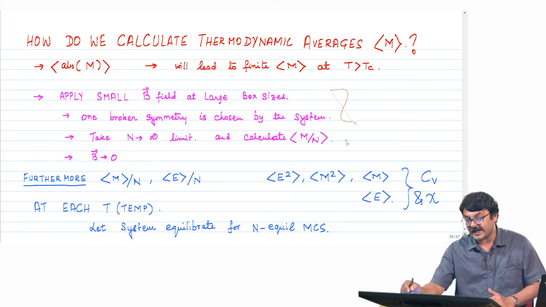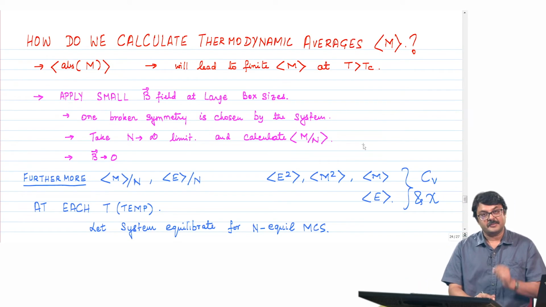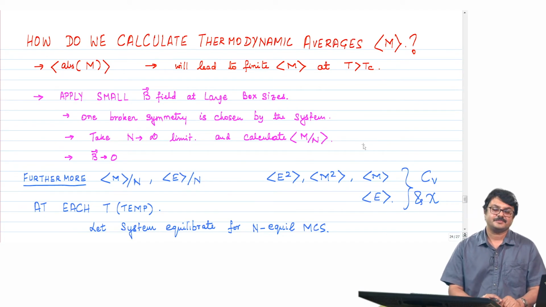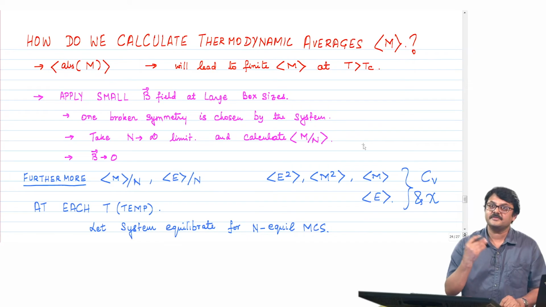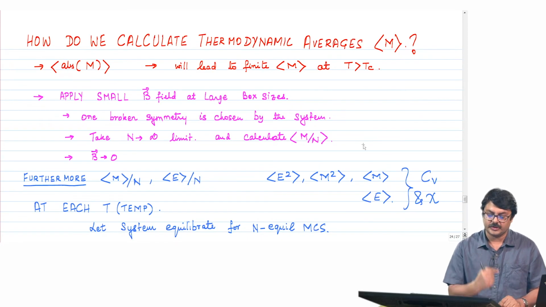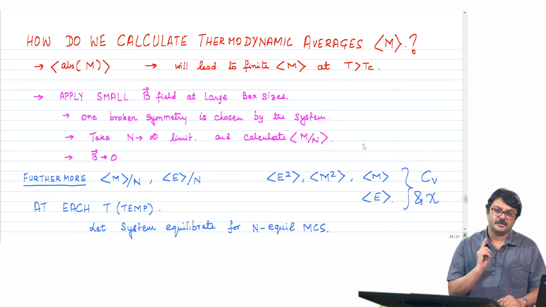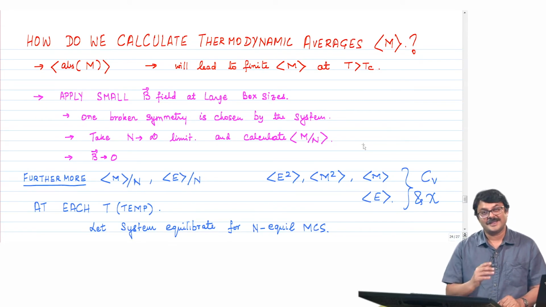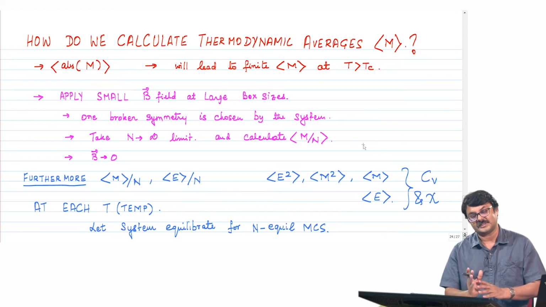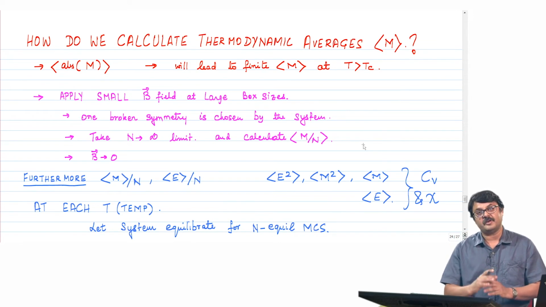We can also do that in simulations, basically apply a small magnetic field to bias the system towards one of the ground states. Suppose you give the magnetic field in the positive direction, then the magnetic state where all the spins are pointing up will be preferred.